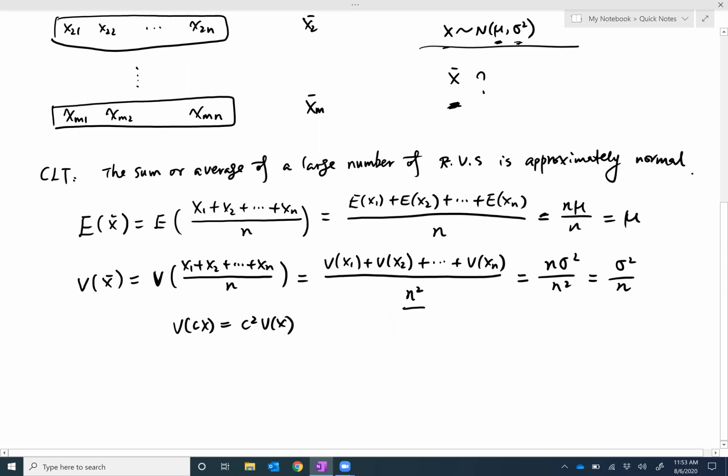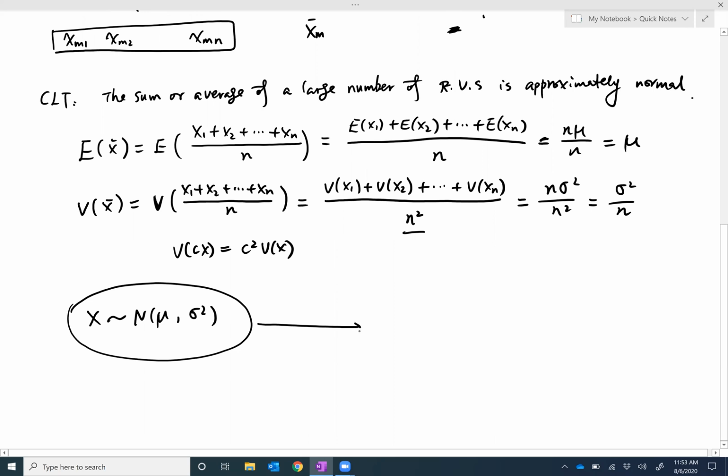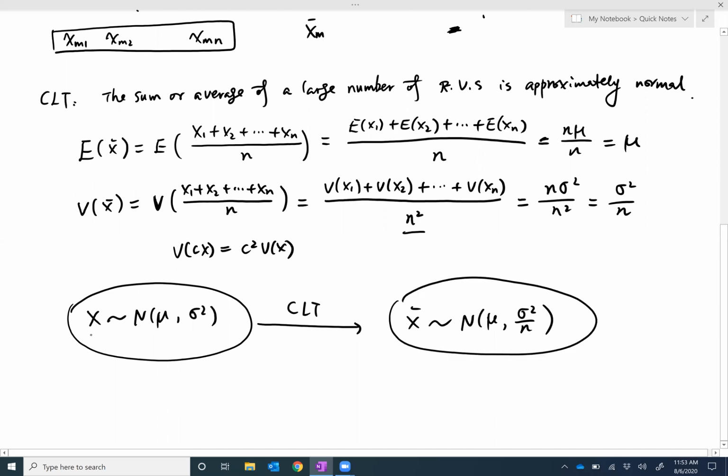So now we know the central limit theorem. If we have x that is normally distributed with mu and sigma square, then the central limit theorem tells us x bar is normally distributed with mu and sigma square over n. In other words, if you take the average, you don't really change the mean, but you decrease the variation. It becomes sigma square over n.